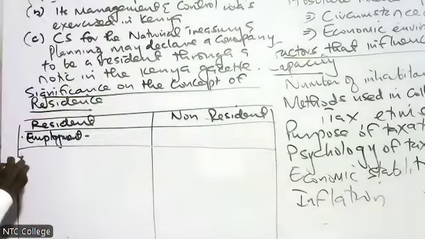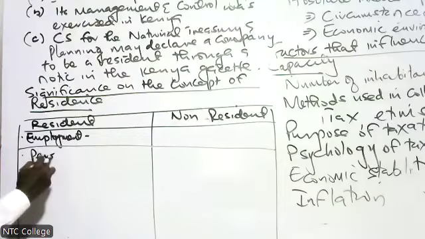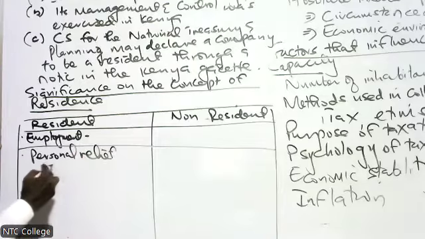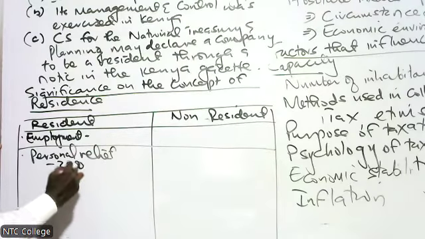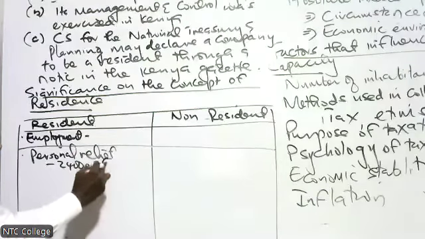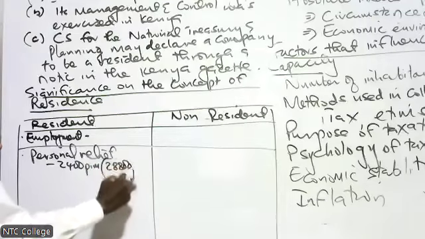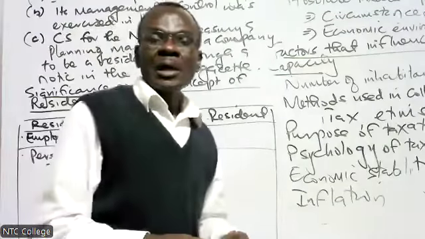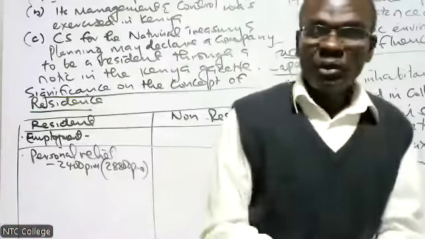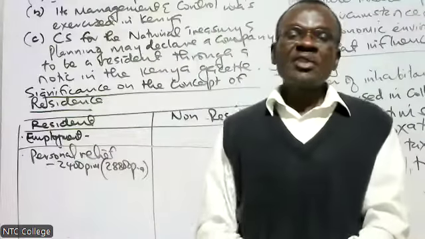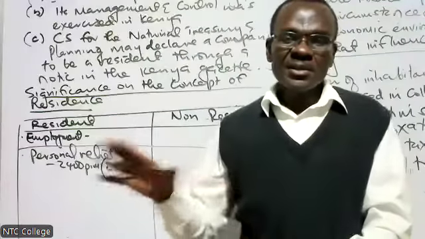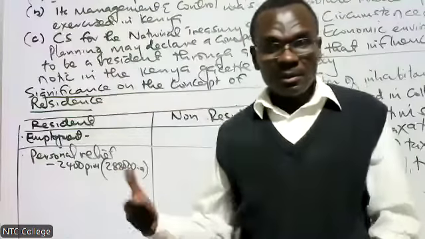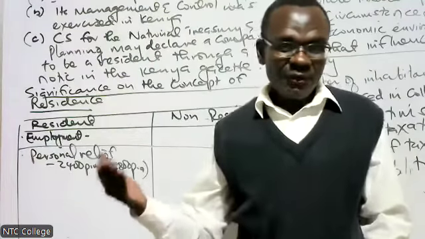The other difference is about personal relief. The amount of personal relief is 2,400 per month or 28,800 per annum. So personal relief, be more keen when you try and develop some interest in calculating your own tax at the end of the month.